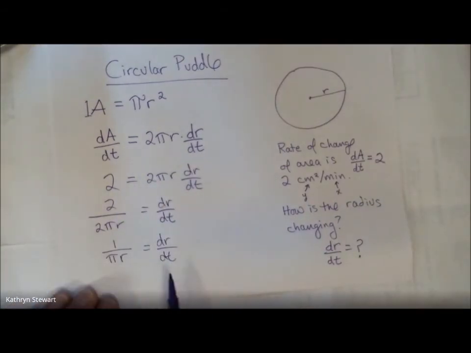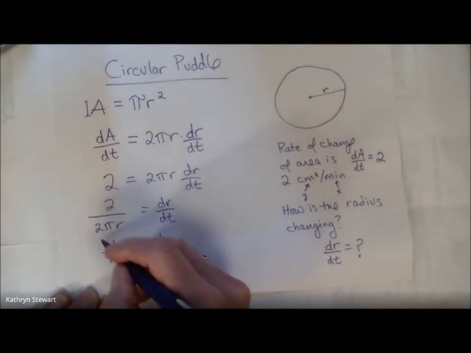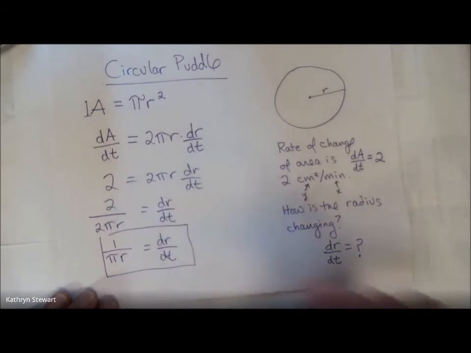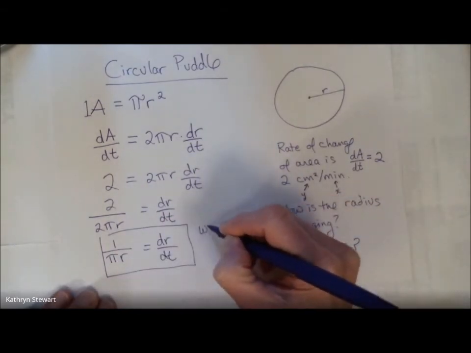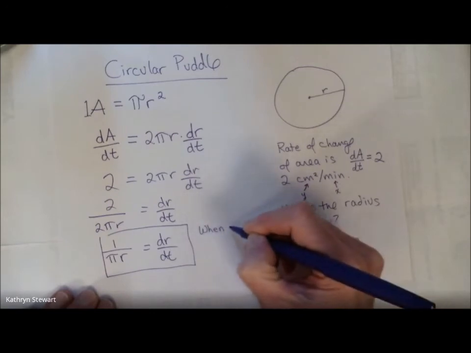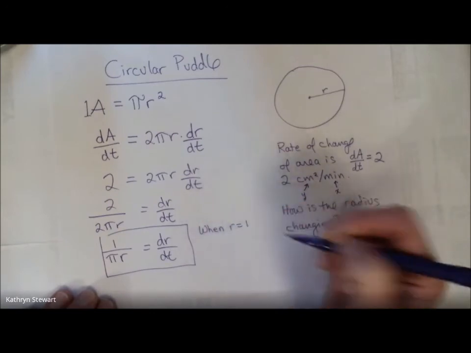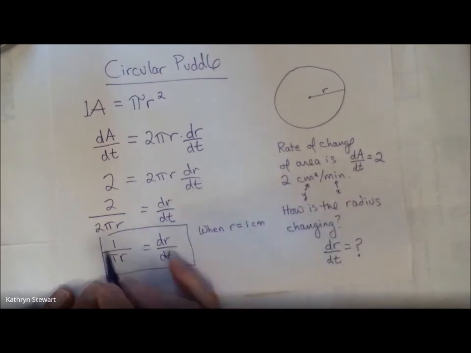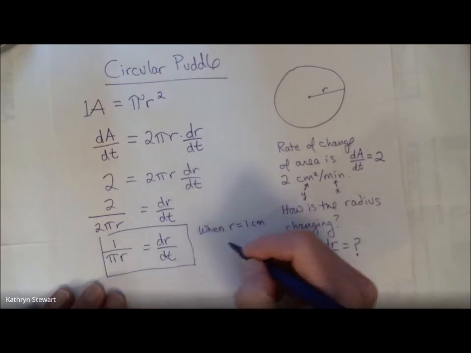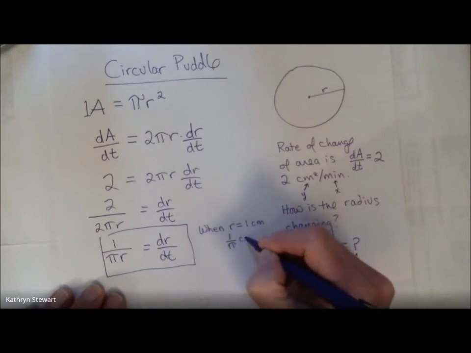There is an expression for the rate of change of the radius over time, right there. So let's say we wanted to figure out how fast the radius was changing when the radius was 1 centimeter. Well, we would plug in a 1, and we would say that is going to be 1 over pi centimeters per minute.